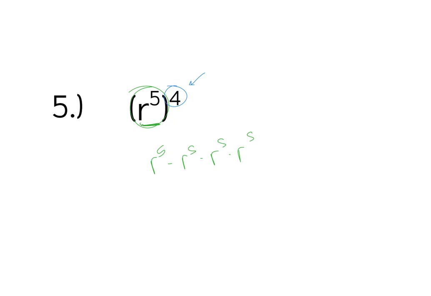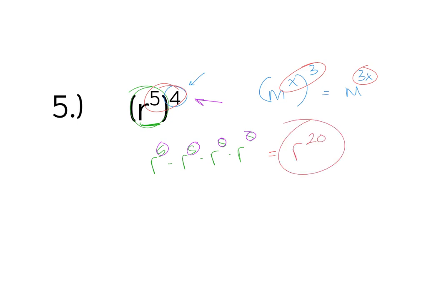You could write out 4 r to the 5th powers if you wanted to, or you can know that when you have an exponent raised to another power, they multiply those powers. The powers got multiplied and it became that. So 4 times 5, this is r to the 20th.